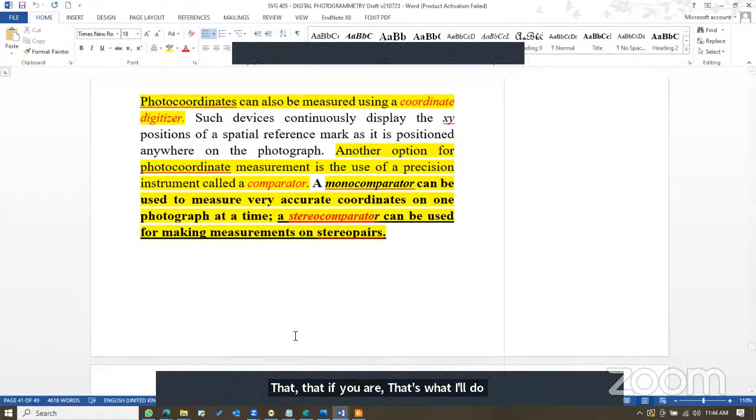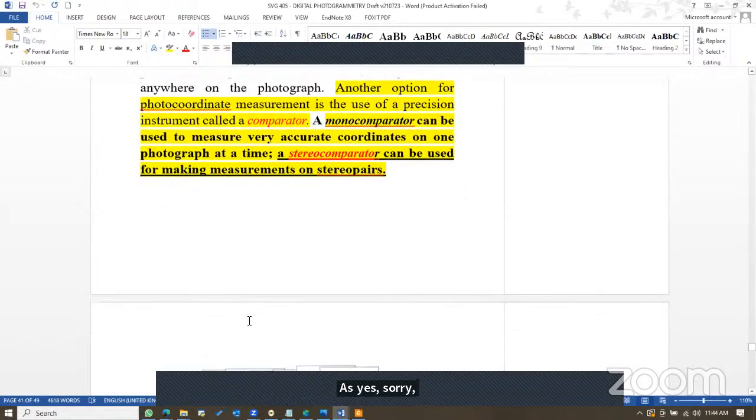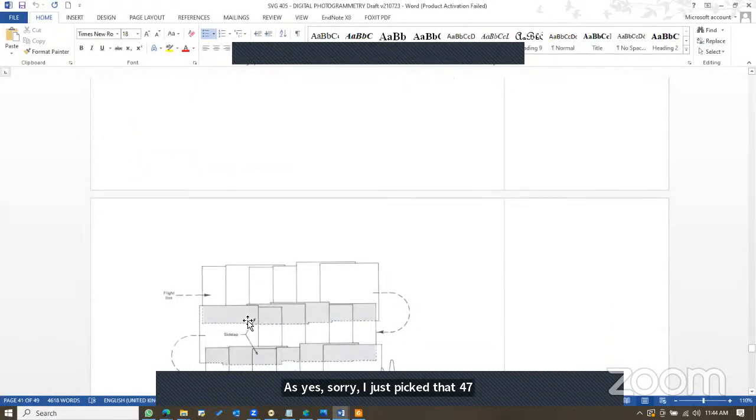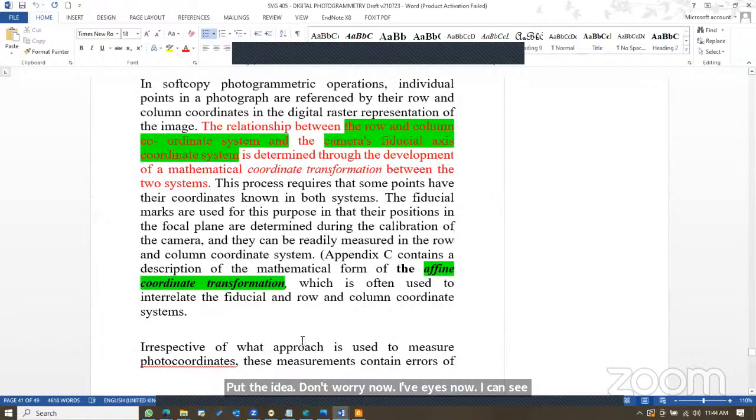The highest number has peaked at 47 today. But don't worry, I have eyes. I can see. I have my own record. So if you think there's a problem, bring your evidence, I'll bring mine, and we will see where the conflict is.